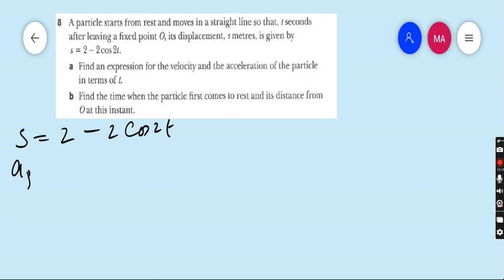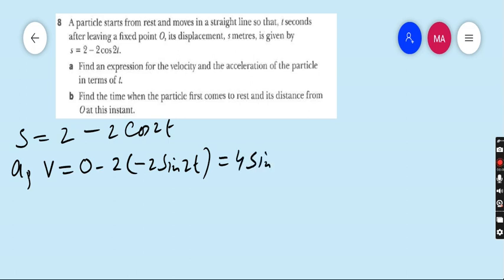Differentiate this displacement with respect to t and you will get velocity. The derivative of 2 is 0. Minus 2, the derivative of cos 2t is minus 2 sin 2t, so minus minus gives plus 4 sin 2t ms^-1. This is the answer for velocity. Differentiate this velocity with respect to time and you will get acceleration.